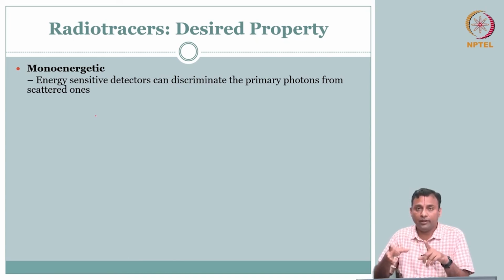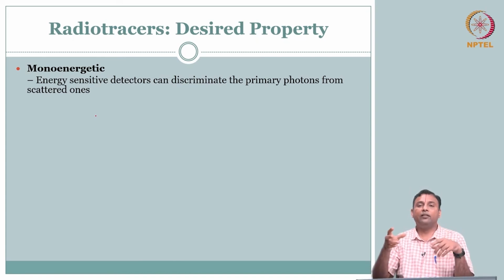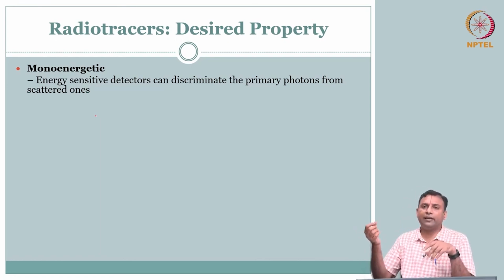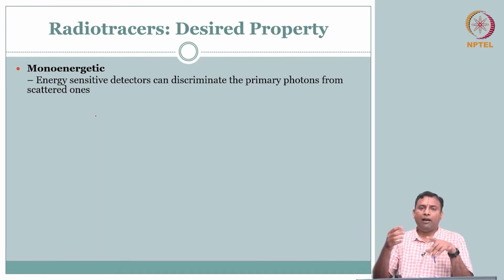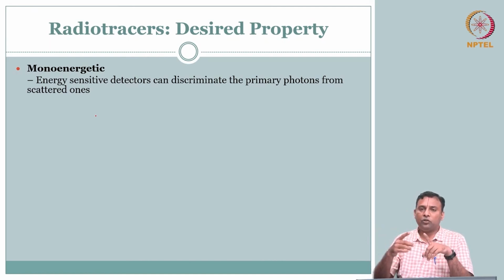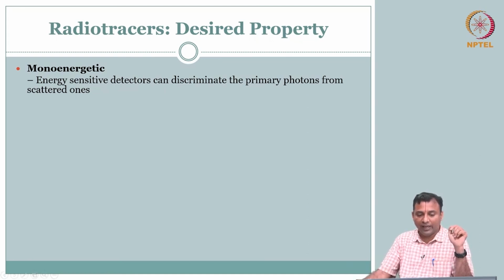So the gamma photon could get scattered, similar to your X-ray. So Compton scattering can happen. If you have a range of energy that is coming out, then you do not know, some is from the signal, some is from the Compton. Whereas if you get only one energy, then you know anything apart from this energy is probably from Compton scattering. So energy sensitive detectors can discriminate primary photons from scattered ones.